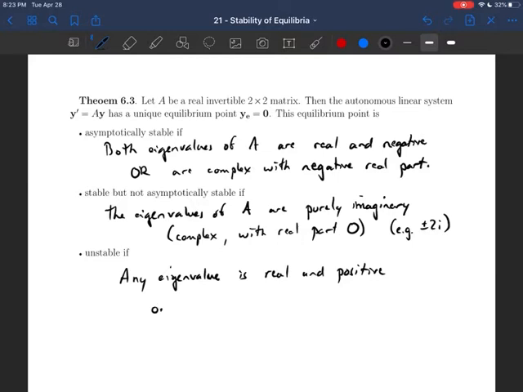And then finally, the equilibrium 0 is unstable if any eigenvalue is real and positive. So it doesn't take both, just one of them being real and positive, or complex with positive real part.